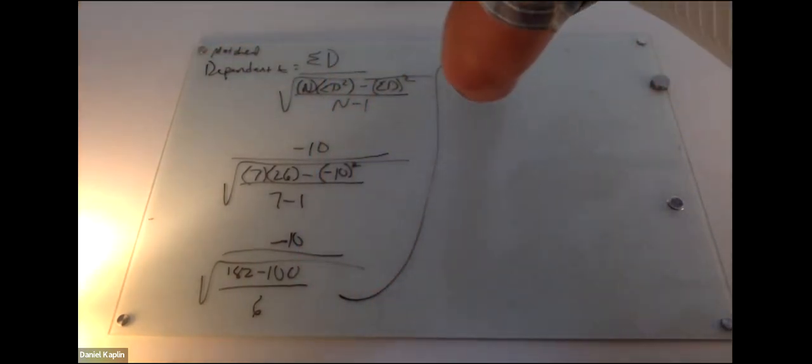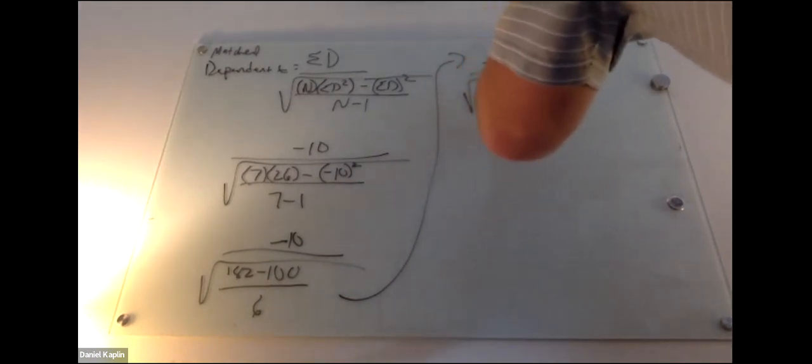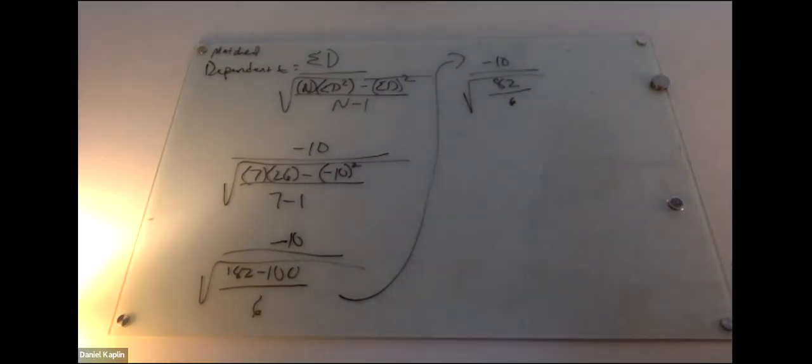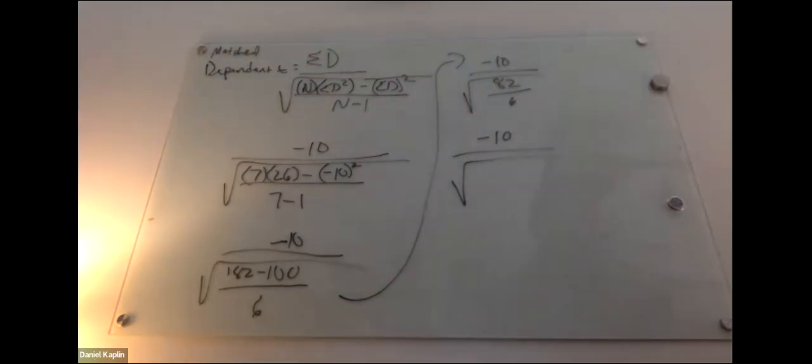All right. So now I'm going to bring this up to continue my work. So we have minus 10 divided by the square root of 82 divided by 6. So what is 82 divided by 6?